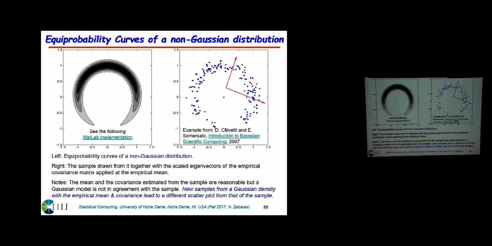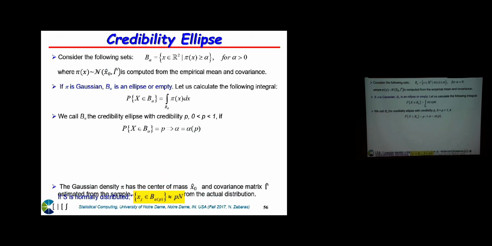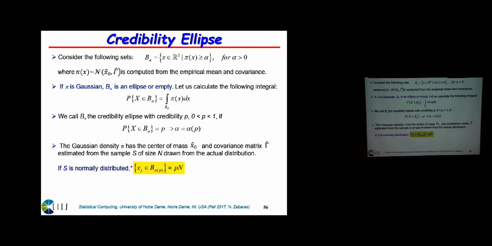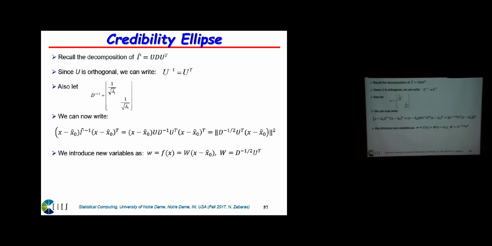And even though when you do a calculation, you will see that the sample mean and the variance of these data points don't look bad, the actual samples that come from a Gaussian distribution with the empirical mean and variance basically don't look anything at all like what you see here. Okay, so if you read the calculations, we will compute exactly these equal probability ellipses, and we do effectively a calculation that shows the following diagram.